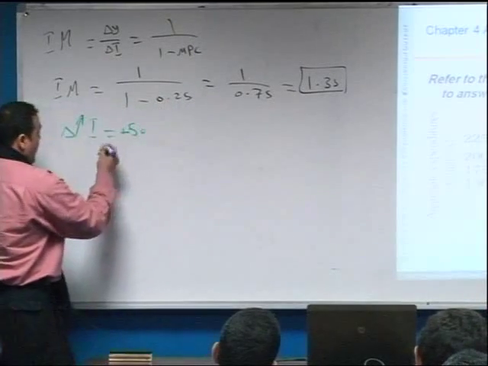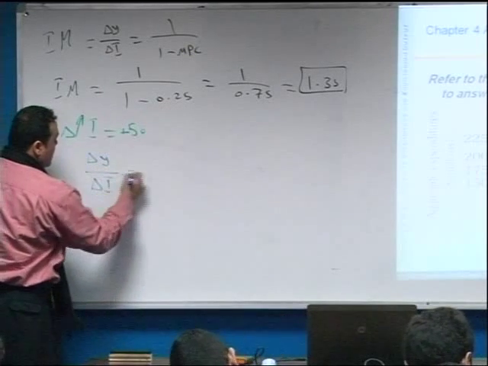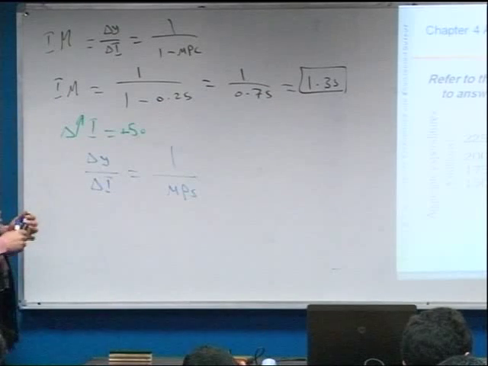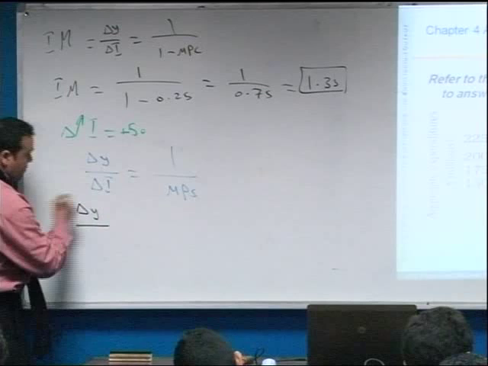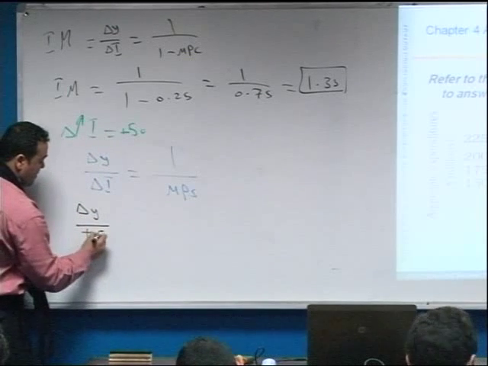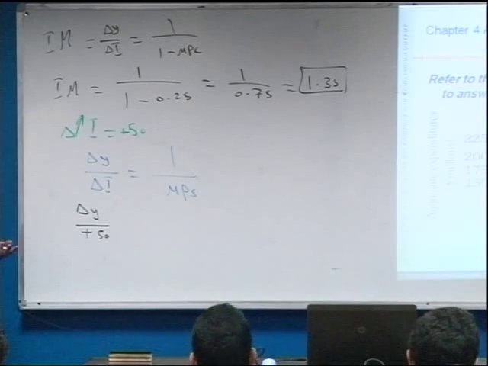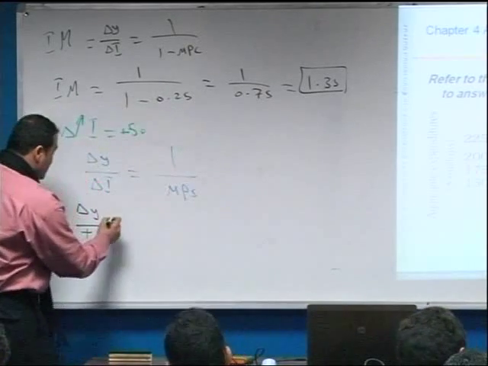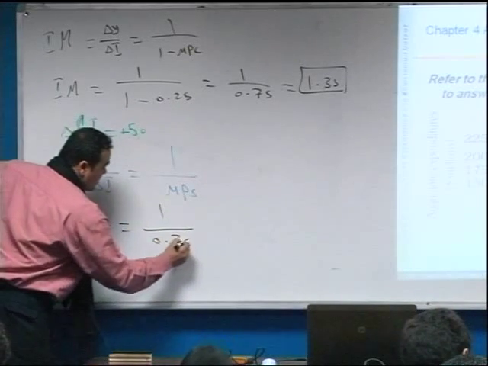As you know, delta Y over delta I equals 1 over MPS, or 1 minus MPC. So delta Y is unknown over delta I, positive 50. Sometimes it will be negative: if there is a decrease in planned investment, it should be negative. So it equals 1 over the MPS, 0.75.